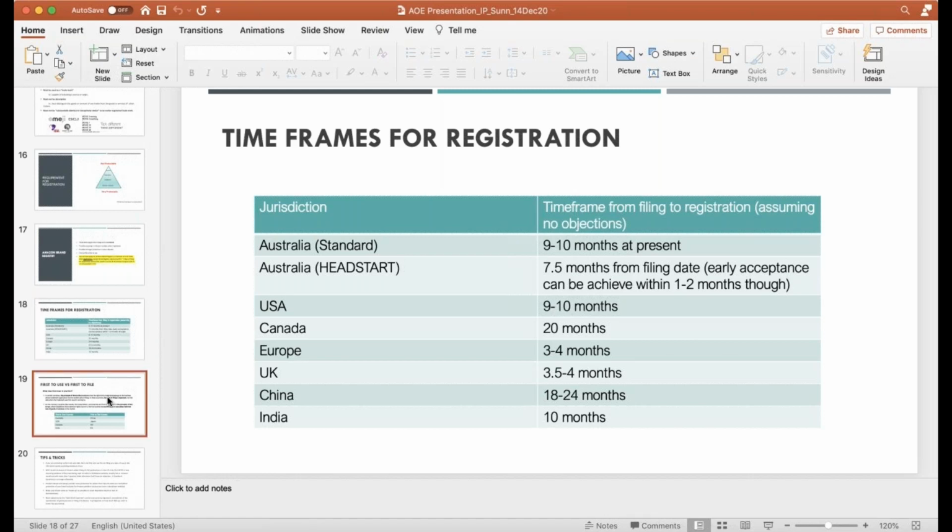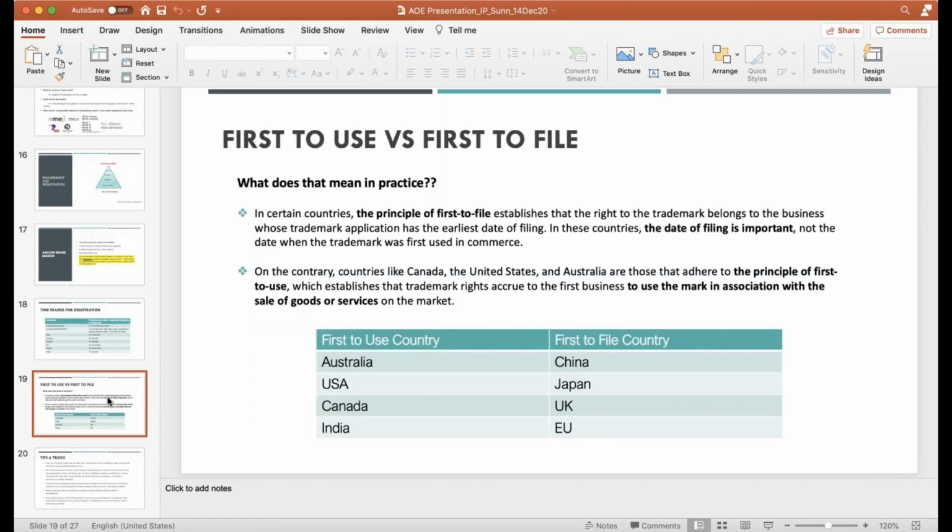In terms of first to file or first to use, so what does it mean? Basically, first to file countries: you could be using your trademark in a particular country for many, many years. For example, China. So you could be using it for a long time, and then your supplier sees and goes, "Oh, you've been placing lots of orders recently.